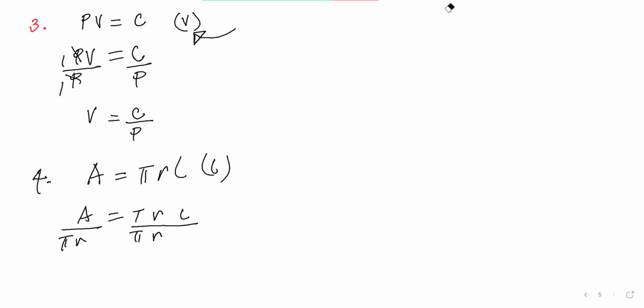I would just have it like that because you are supposed to know that. So this will cancel: pi into pi 1, R into R 1. So L is equal to A over pi R. Everybody okay with that?